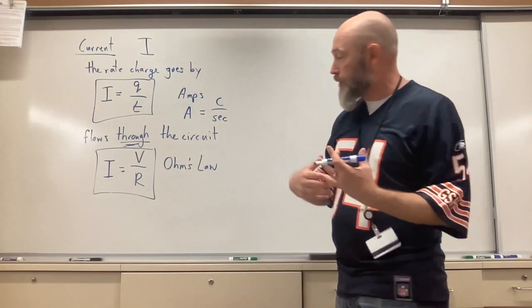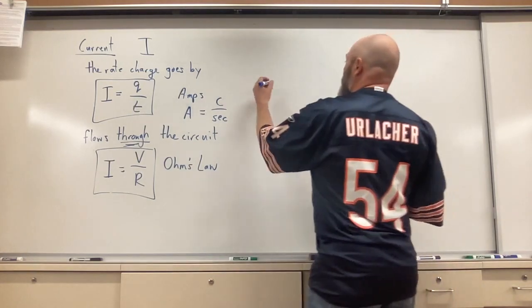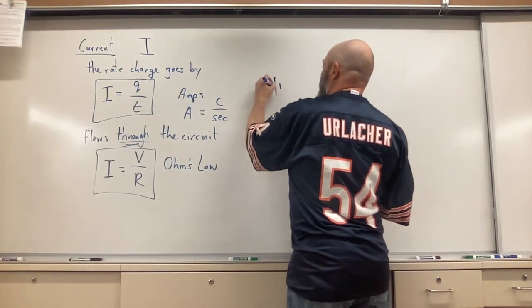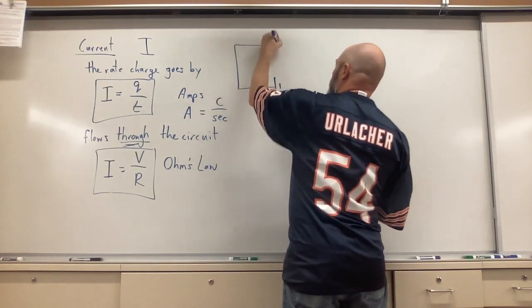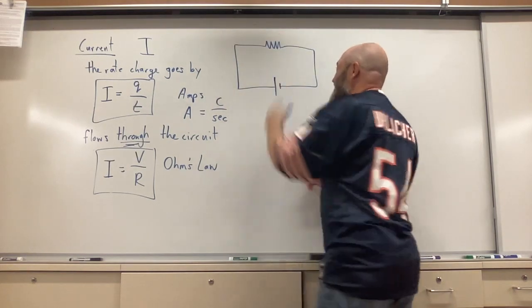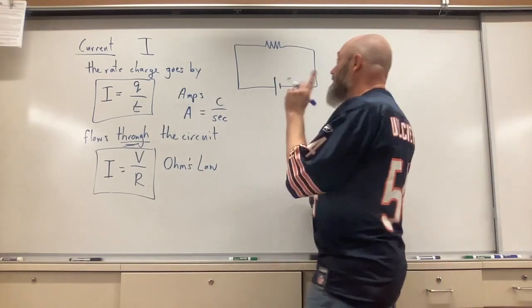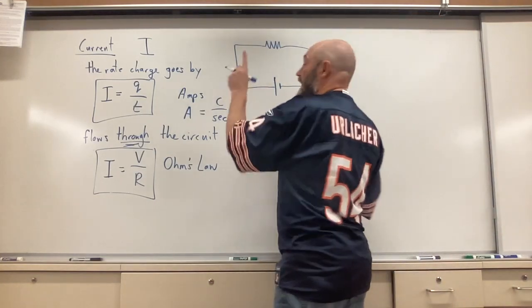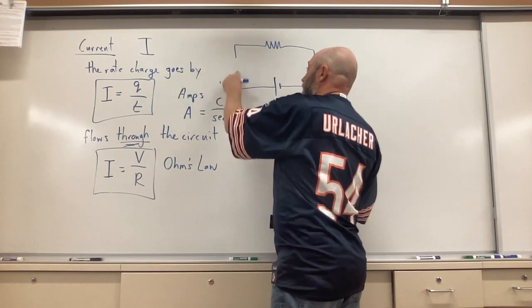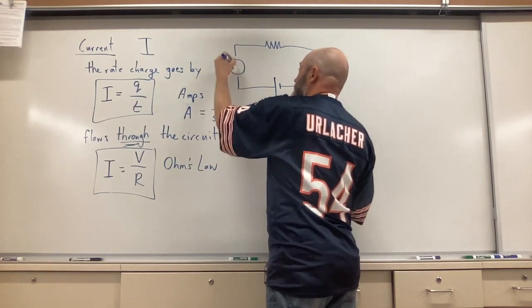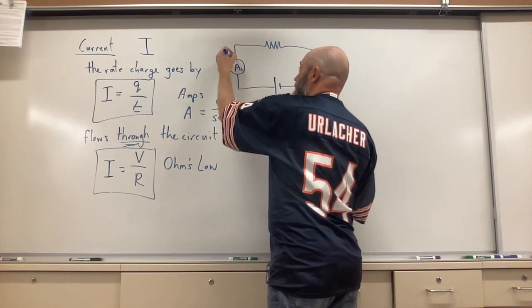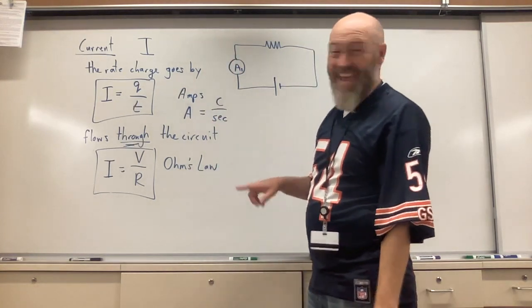If I was to show you a real basic circuit, let's say I have a battery and a resistor here. That resistor could be a light bulb, a heater, a motor, whatever. If I want to measure current, I have to put my meter as part of the circuit. So let's say I have a meter right there, and I'm going to call it A1.